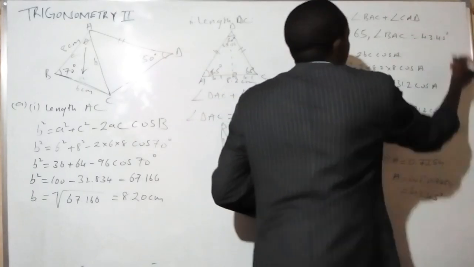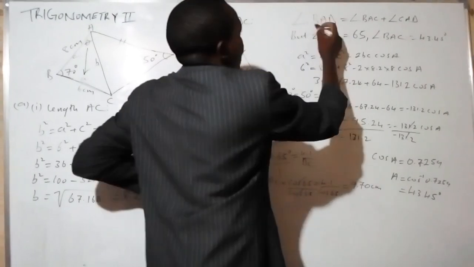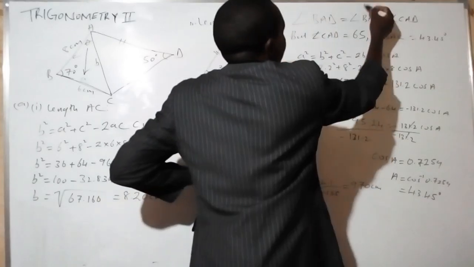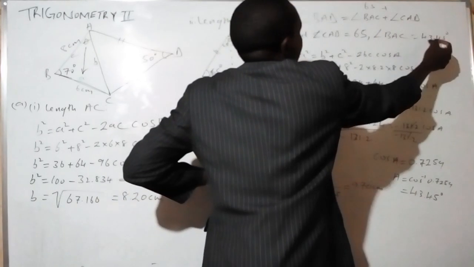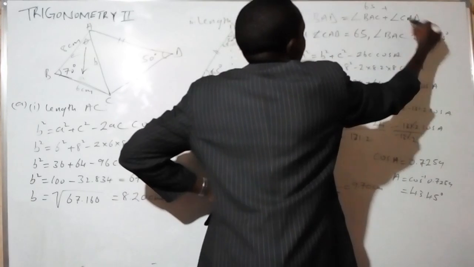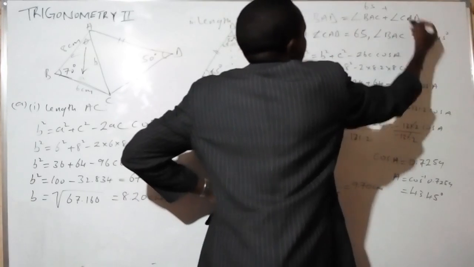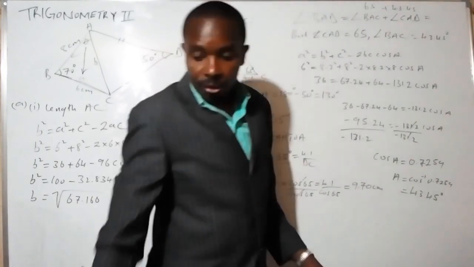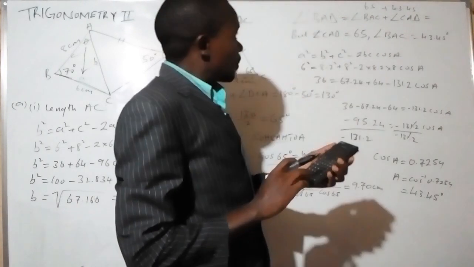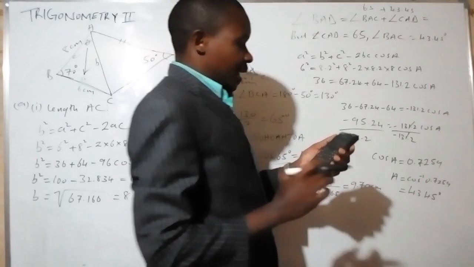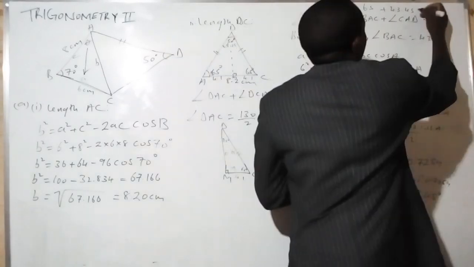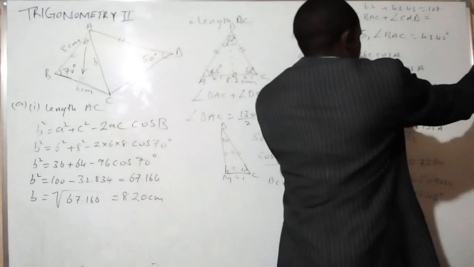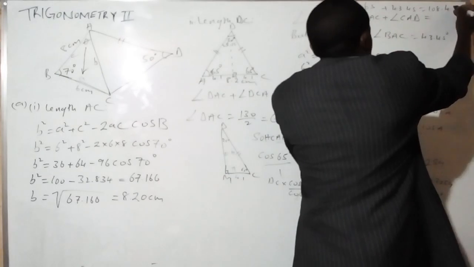Then we add: BAD will be 65 plus BAC, 43.45, and you get 108.455 degrees.